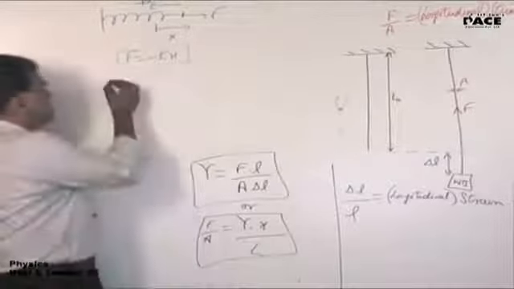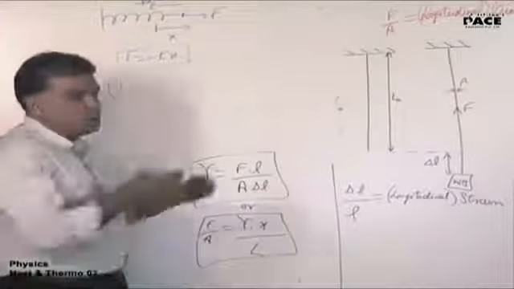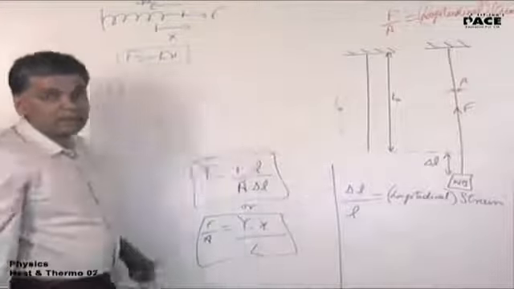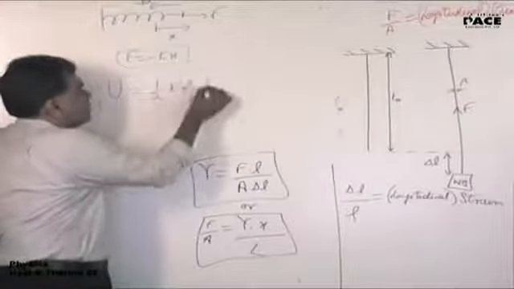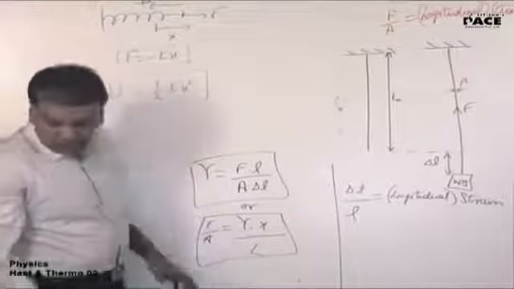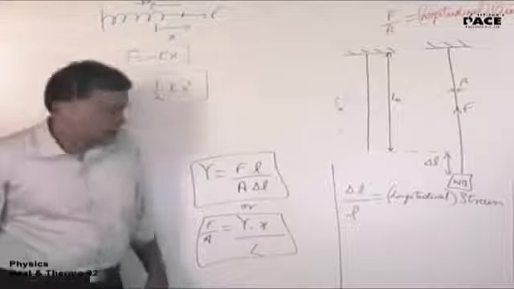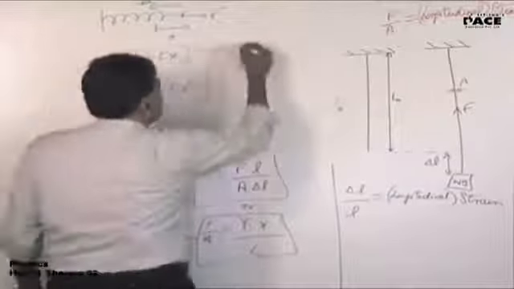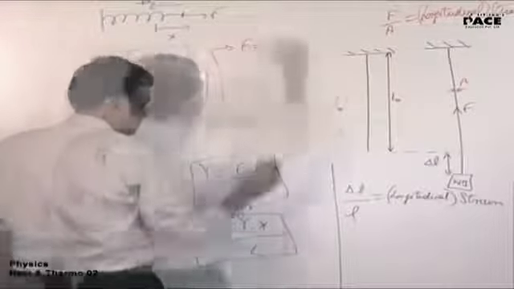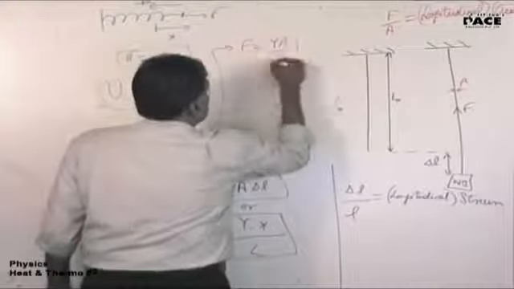What is the potential energy stored in a spring when you stretch it by x? Half k x square. Now, parallelly, just look at this formula. Here also we can rewrite it as F equals YA by L times x.